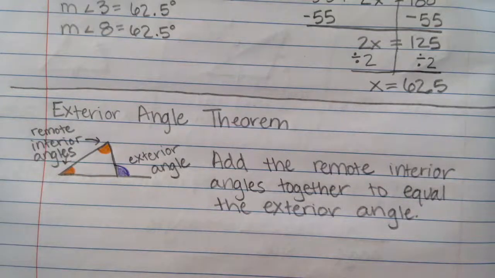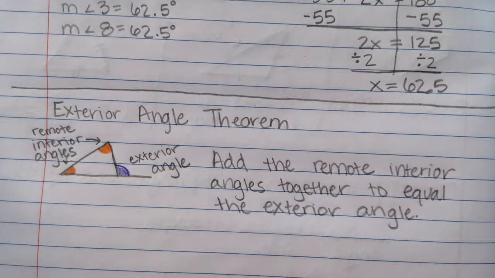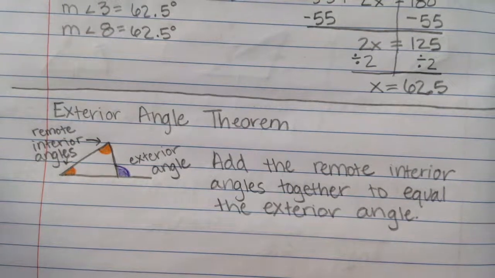Alright, so example number 3. I'm going to draw a triangle. I'm going to do one line that's kind of longer. And then I'm going to draw a triangle off of that line, so just a little off. You're gonna have one line sticking up at the top a little bit.